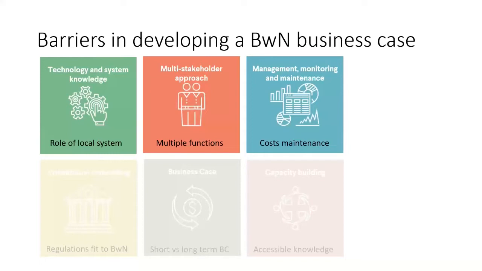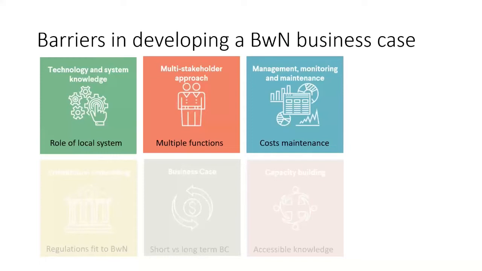What's important to know about business cases for building with nature is that you need to have local knowledge, because it's dependent on the local natural system, but also the stakeholder system, for example, and you cannot use the business case of one project automatically for another location. So here the enabler of system knowledge is very important in developing a business case.